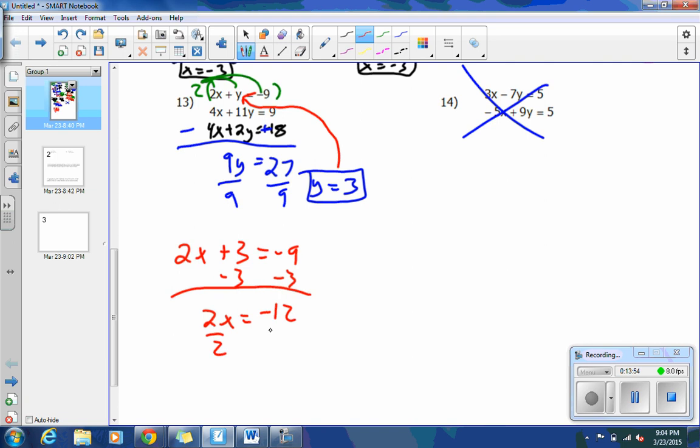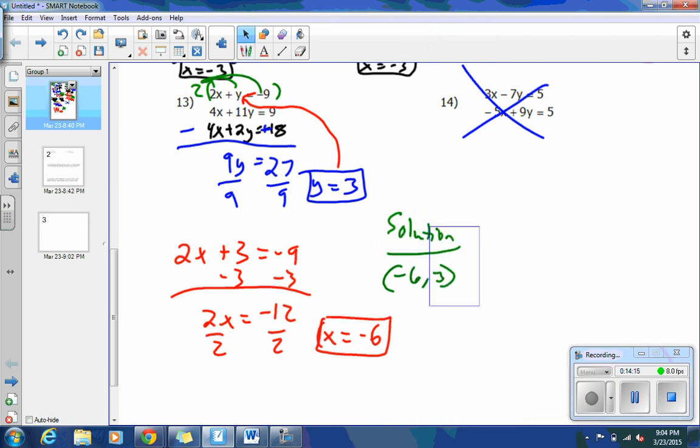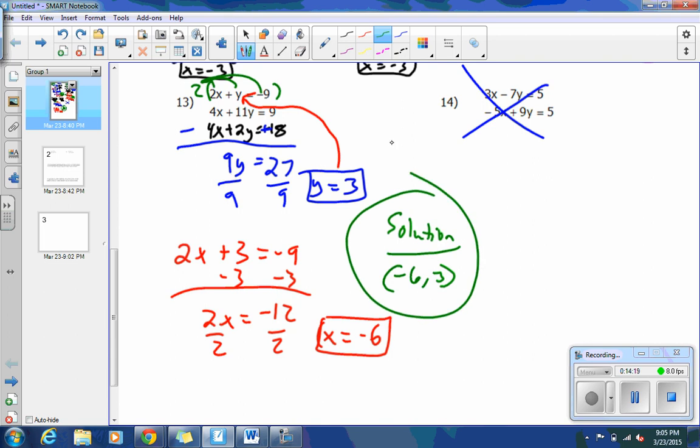And when you divide both sides by 2, you get x equals negative 6. And that's great because now our solution would be negative 6, 3. And we are happy because we have a solution.